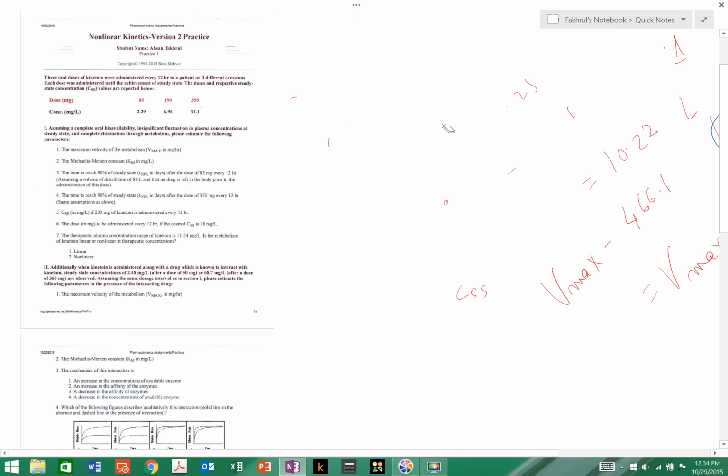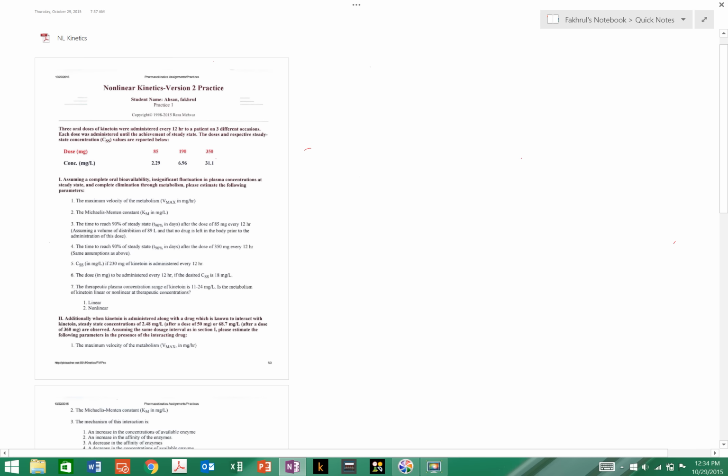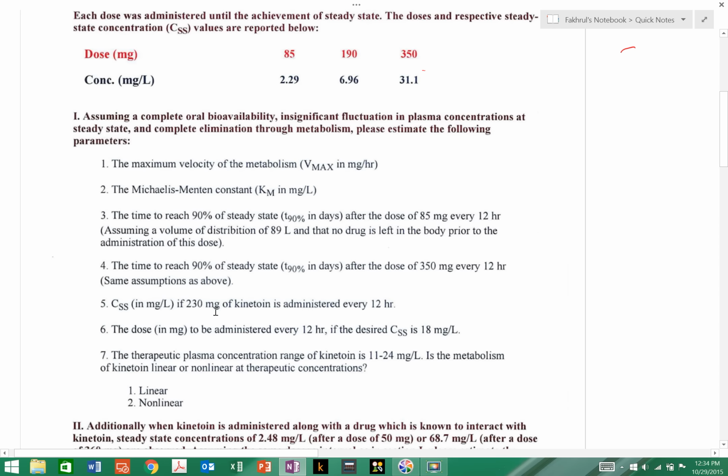Let's see. So we now know we have a Vmax equal to 38.8 milligram per hour. Your Km is 10.2 milligram per liter.